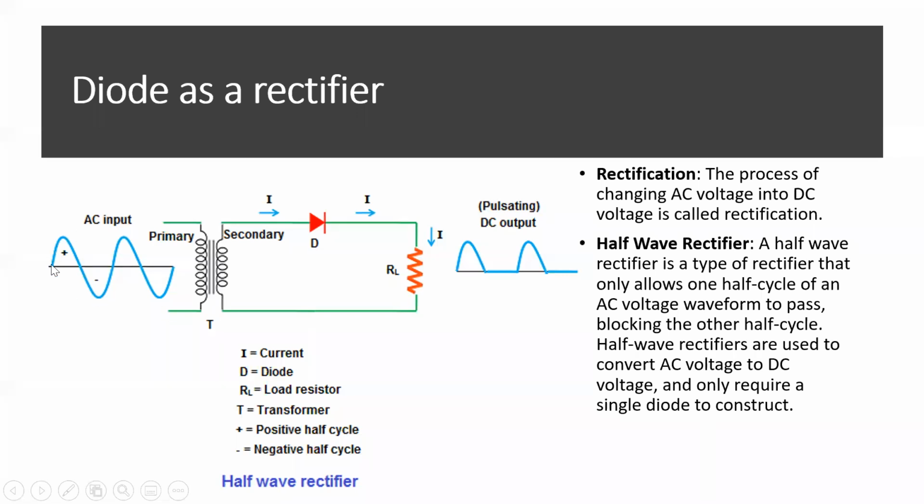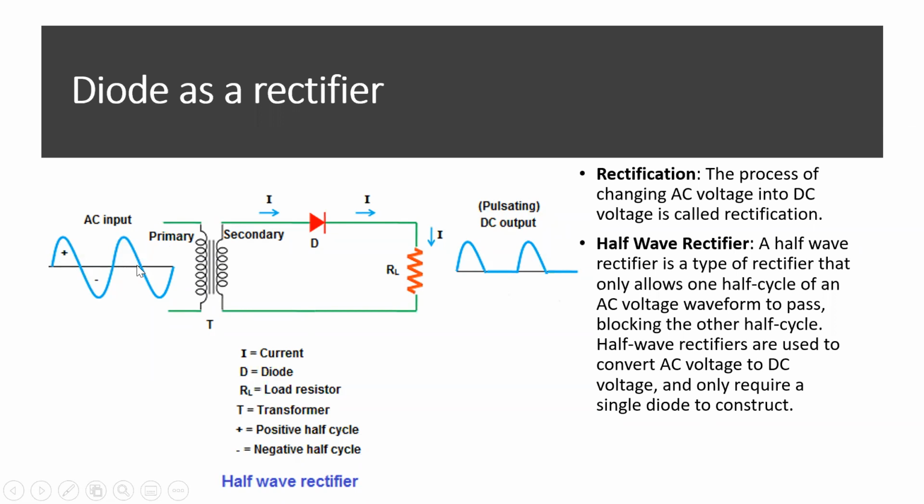So this is an AC current. See, this crest part or up part is called the positive half cycle, and this down part is called the negative half cycle. In the positive half cycle, current will be going in one direction, and in the negative half cycle, current will be going in the opposite direction. Again, it changes its direction.